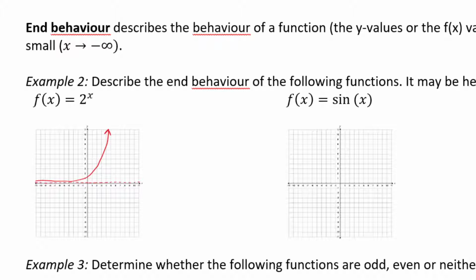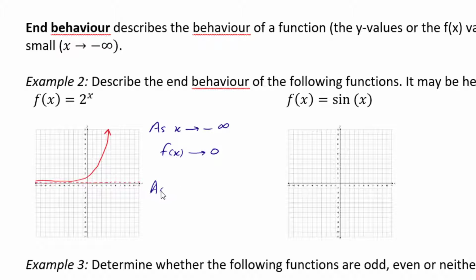So that is one type of end behavior, and let's write that. As x approaches negative infinity, so as the x values get increasingly smaller, the y values, or f at x, will approach 0. So it never achieves 0, but it approaches 0. The next end behavior is looking at the positive end behavior.